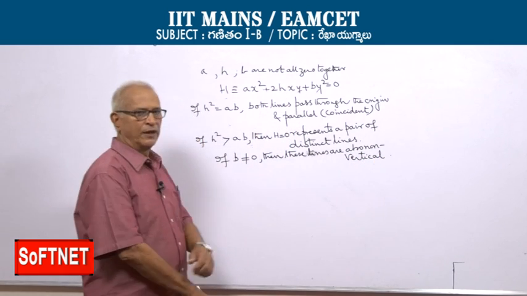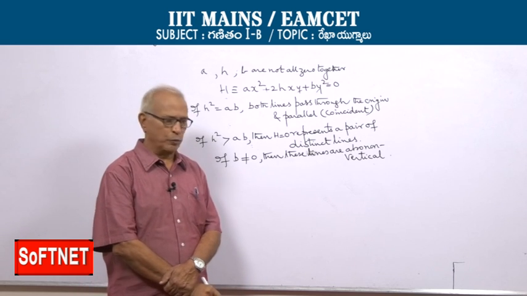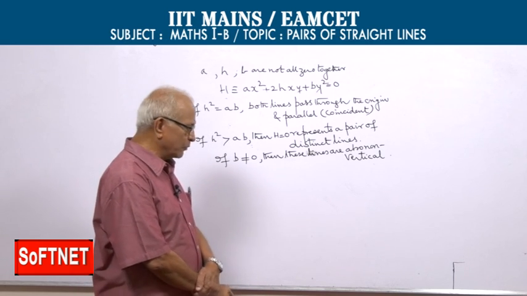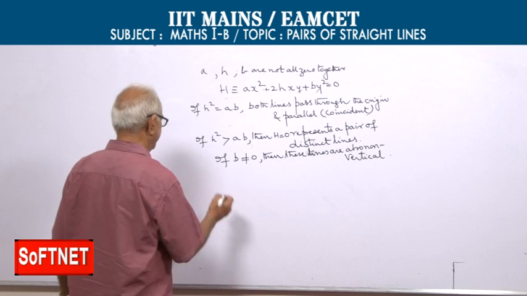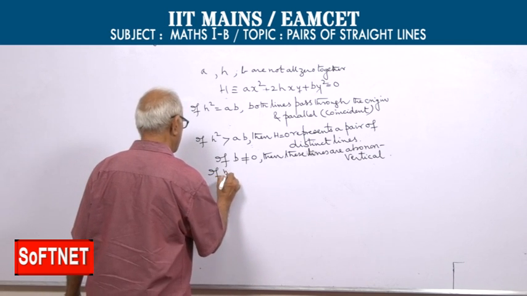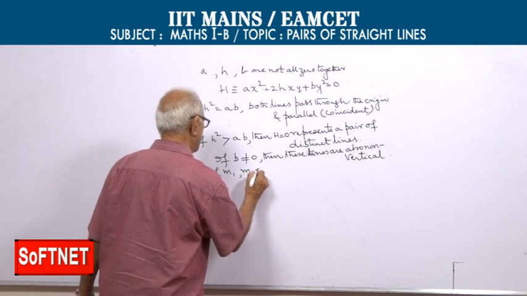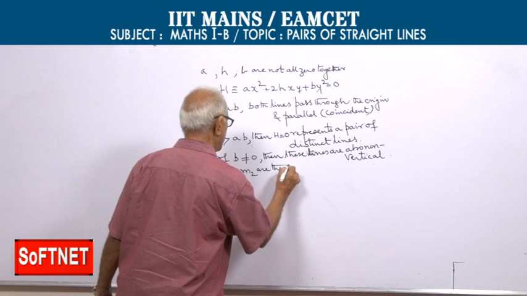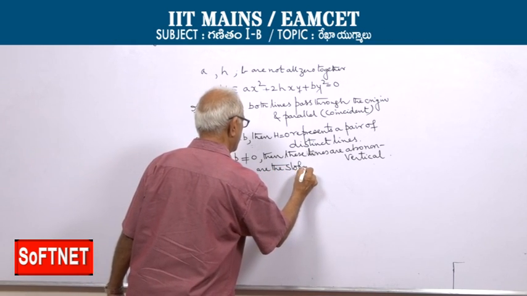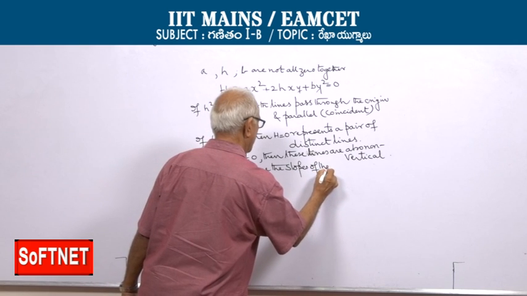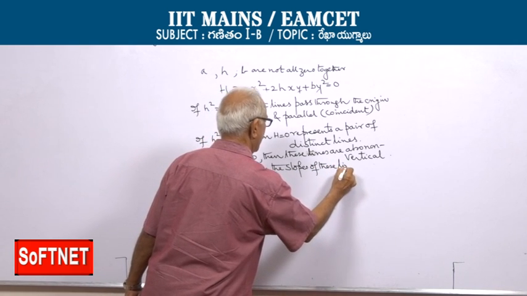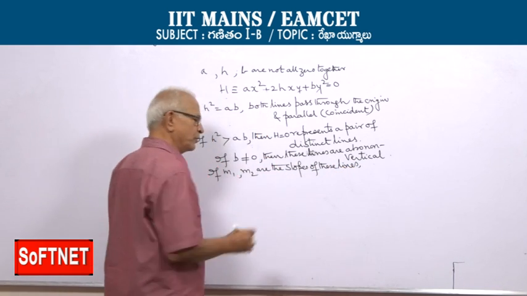None of them is a vertical straight line. So both lines have finite slopes. Suppose M1 and M2 are the slopes of these two lines. These non-vertical lines, that's the case when B not equal to 0.